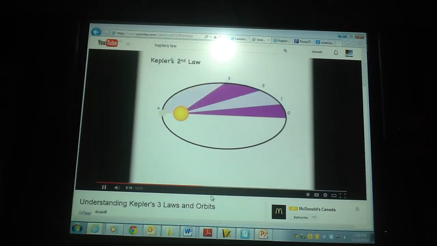I can keep going. Here we are at month 4, month 5, 6, 7, 8. Again, every different region that I've swept out here, we say must be the same area as any of the other regions because we're moving at constant time intervals. What's important to notice is that look how far the planet travels from, say, 0 to 1 compared to how far it travels in the same time interval, but to go from, say, 3 to 4.